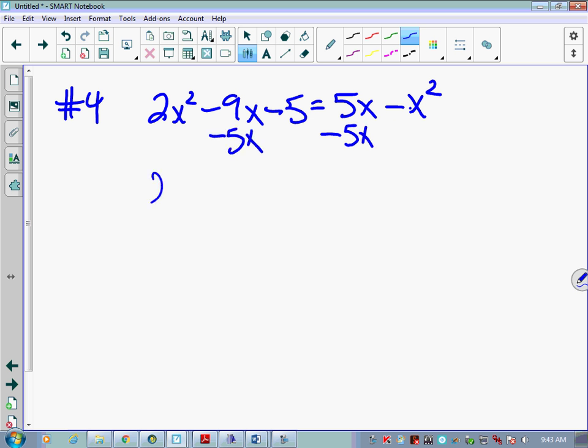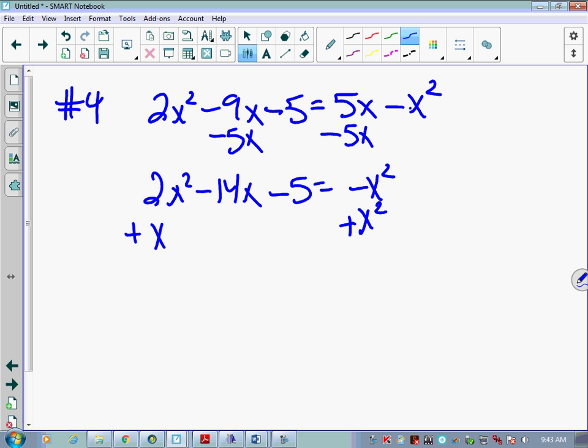So you got 2x squared, what? Minus 5 equals -x squared. What did you do after that? Added x squared to both sides. So that's going to give me what? 3x squared minus 14x minus 5 equals 0, correct? All right, can most of us agree with this?